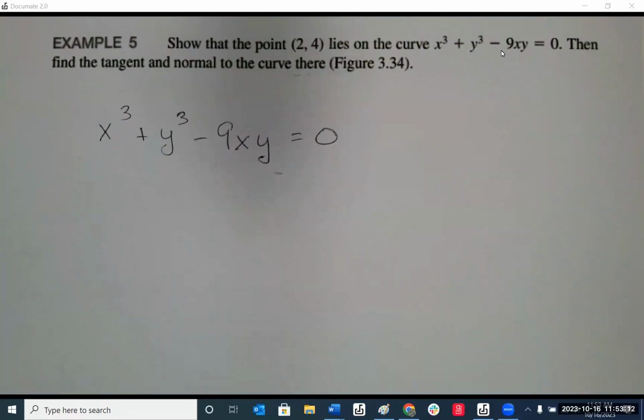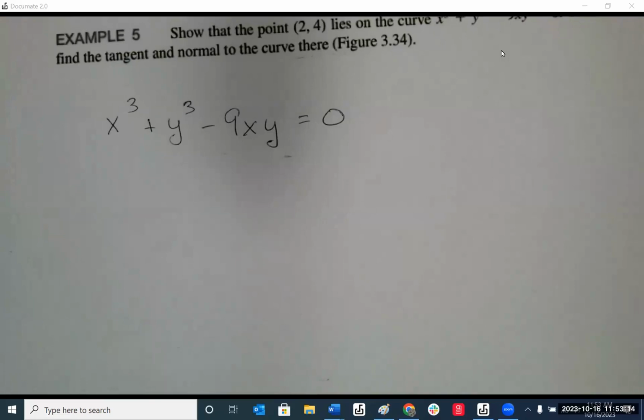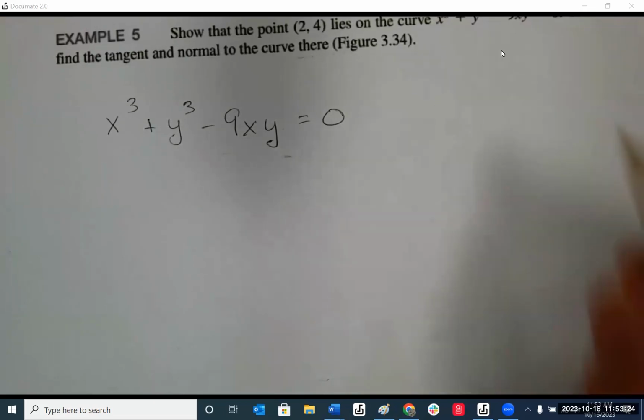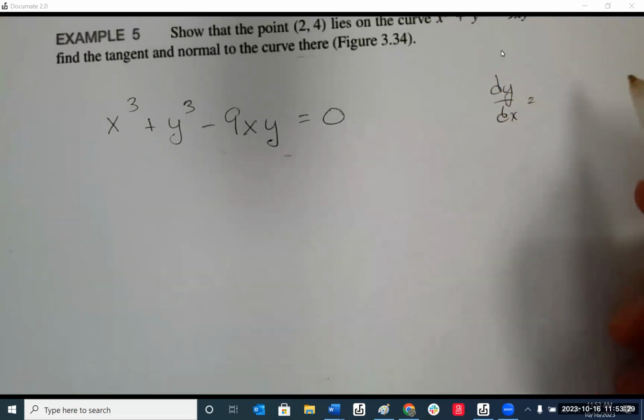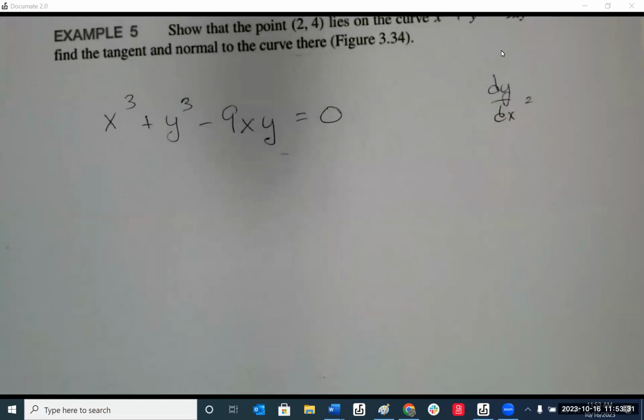Let's find the tangent line, and we'll talk about normal lines in a second. So how do you find the tangent line? You have to find the derivative, because dy/dx is the slope of the curve at a given point. And when it says normal, it means perpendicular. So once we find the slope, we have to take the negative reciprocal of it.